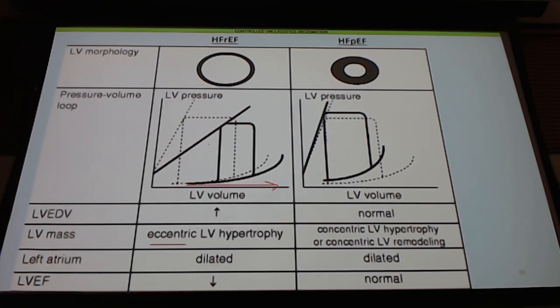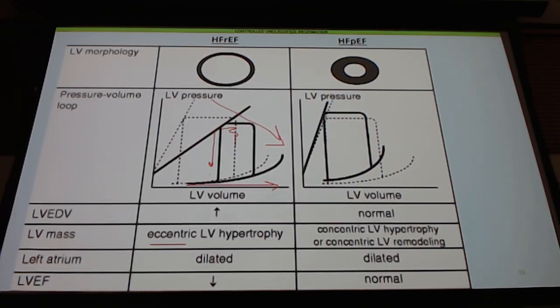So my pressure that I can generate is going to drop significantly. And you can see ultimately what happens to my pressure loop is it's down and to the right. So I can tolerate the extra volume, but I'm not generating that squeeze, and I lose stroke volume. Because look at this stroke volume compared to the dotted line on a normal pressure loop.